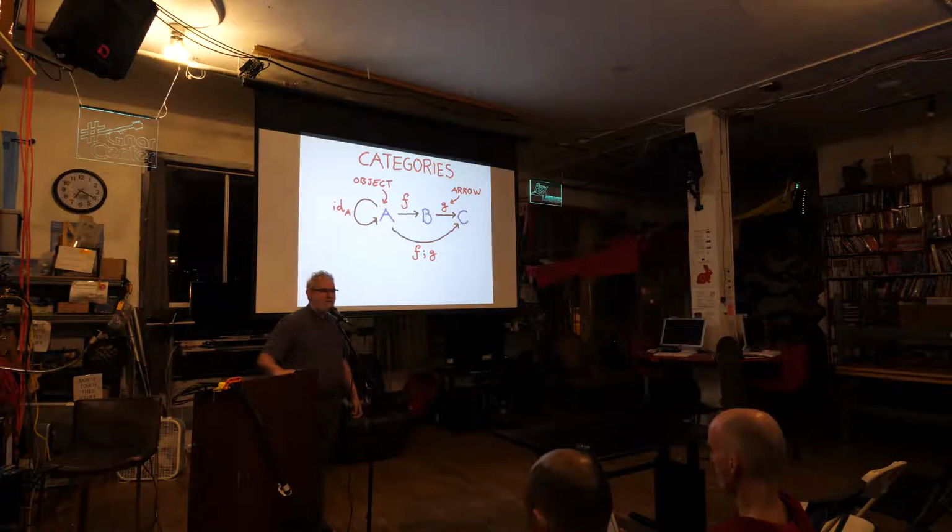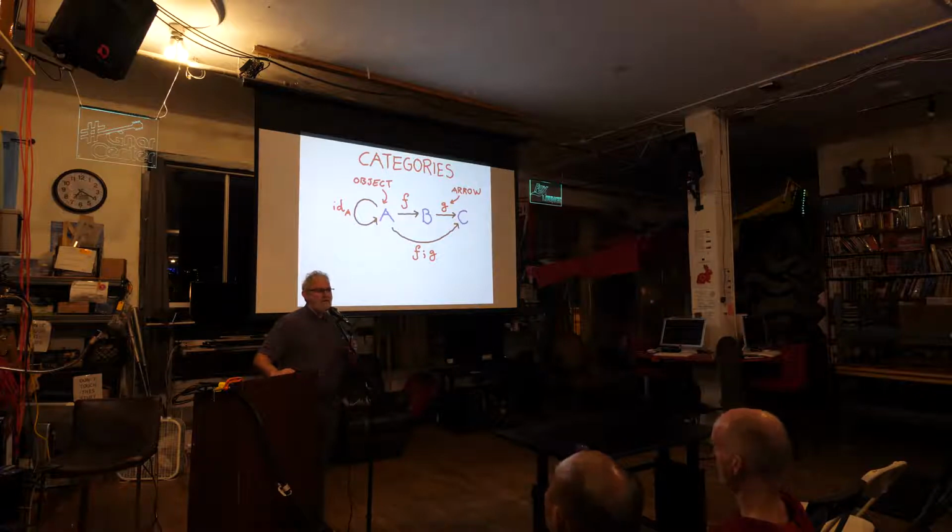Does that imply then that every possible value in A has to be acceptable to the function F and create a valid B, and likewise? Okay, so you asked, does this mean that every value of A must be acceptable to the function F? Not quite, because categories are just slightly more general than that.